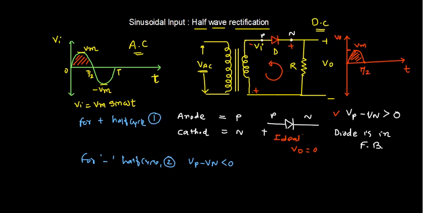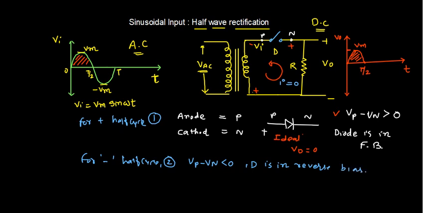So what will happen? Vp minus Vn is less than 0, so this diode will act as an open circuit, or you can say it will act as an open switch. The current, this current in the reverse bias, will be equal to 0 because the loop is not going to complete. So diode D is in reverse bias.